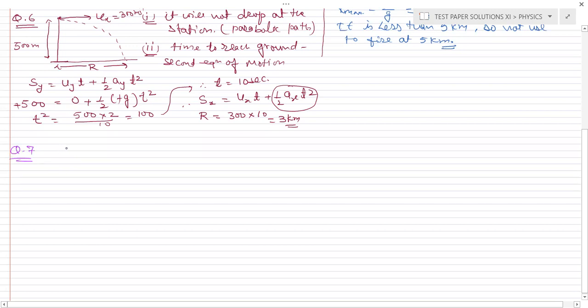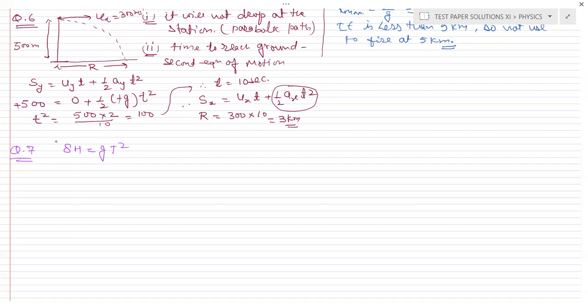What we want to prove is that 8h is equal to gt square. So for a projectile motion, first we will write the formula of h and t, right? When we are talking about the projectile motion, first we will find out the formula for h and t.